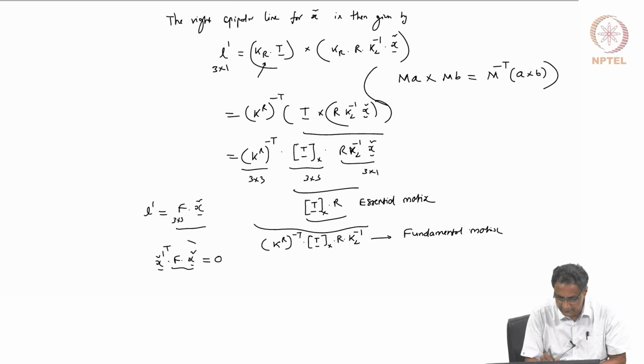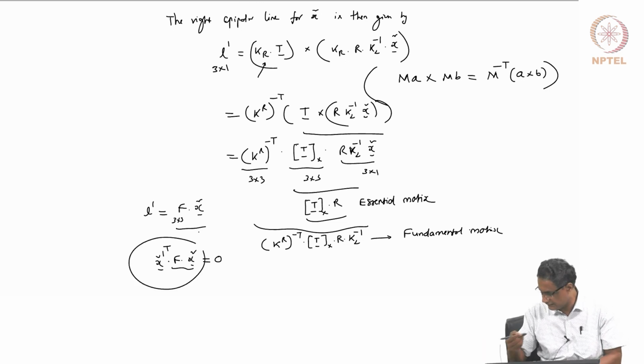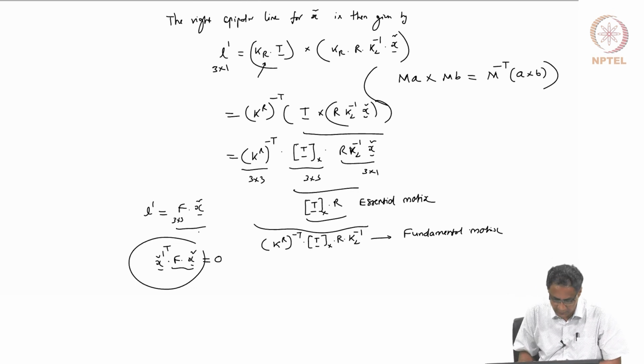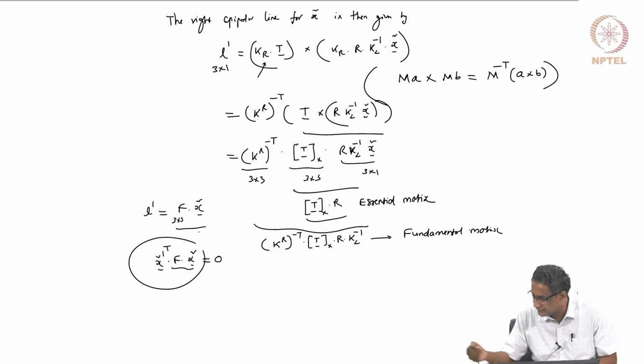And this equation, that is why I said we should not think that it is a relation between 2 points. It is more a relation between an epipolar line and a point. And this also leads to certain interesting properties for the fundamental matrix.